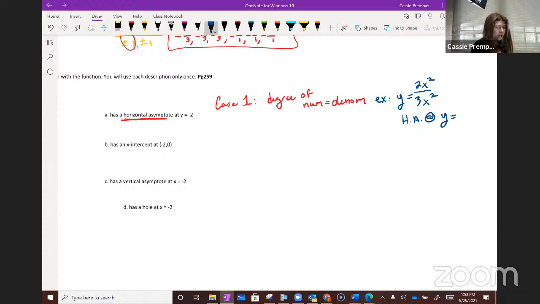The degrees are the same. 2/3, good. It's the ratio of A to B. So if the degree of the numerator equals the denominator, then you have a horizontal asymptote at y equals A over B.